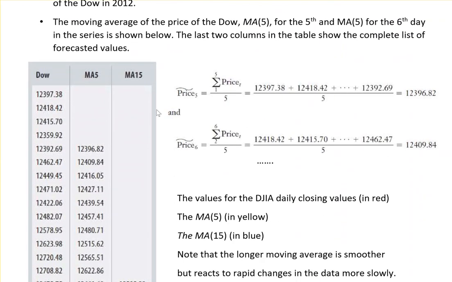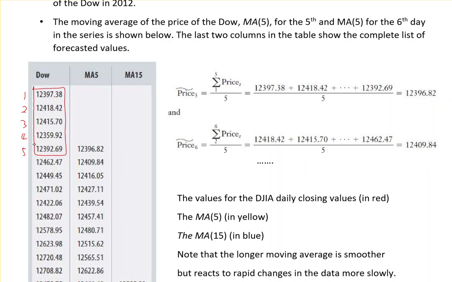Based on this raw data, what is the MA5? We say L is 5, so we have 1, 2, 3, 4, 5. L is the length of the average, so I'm averaging the first 5 raw data values. How do we get the average?